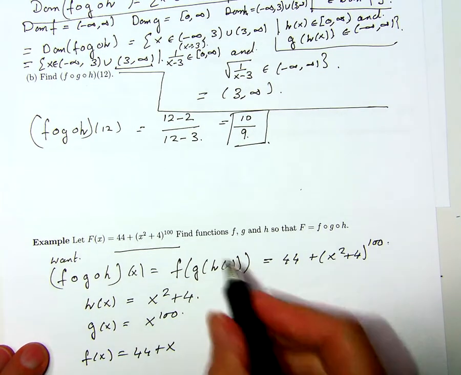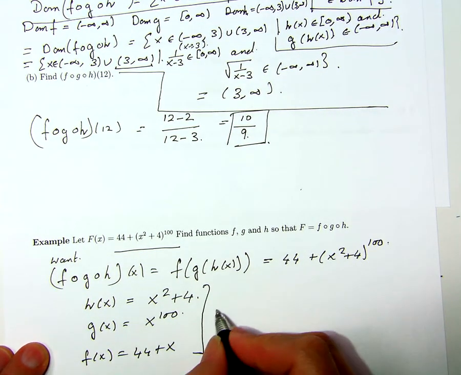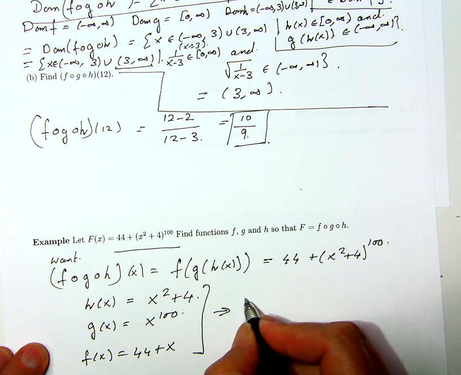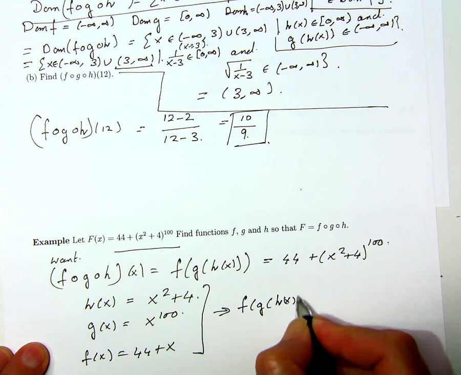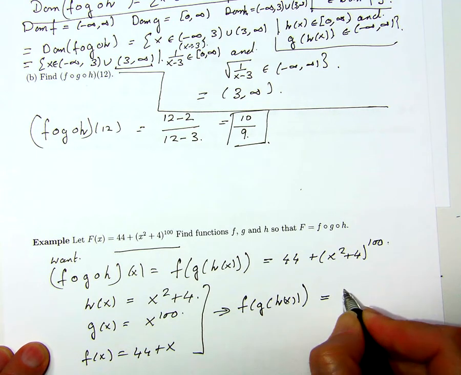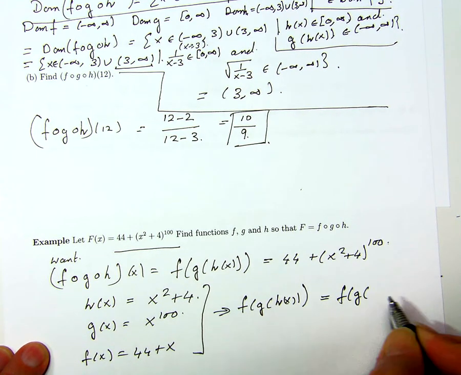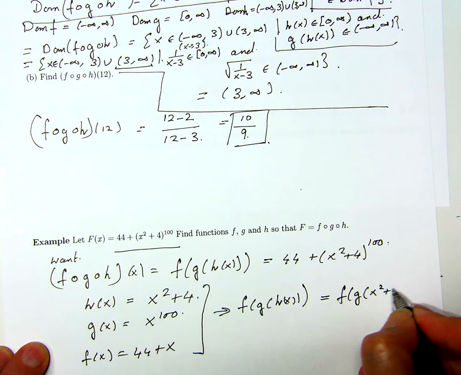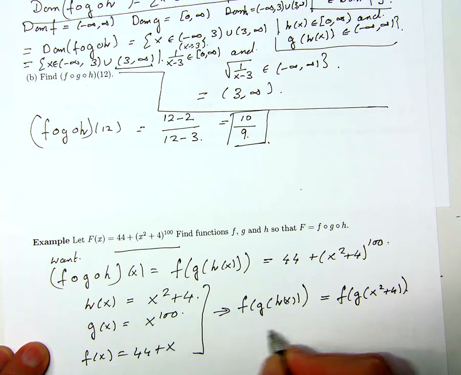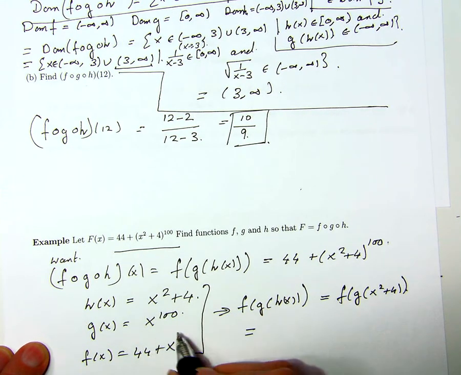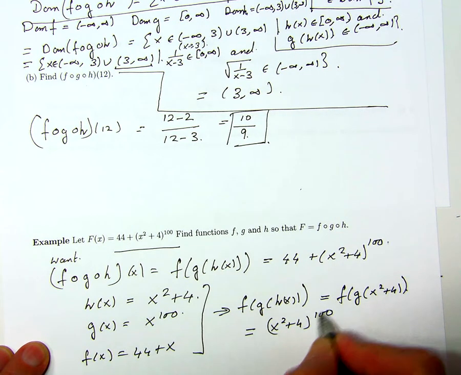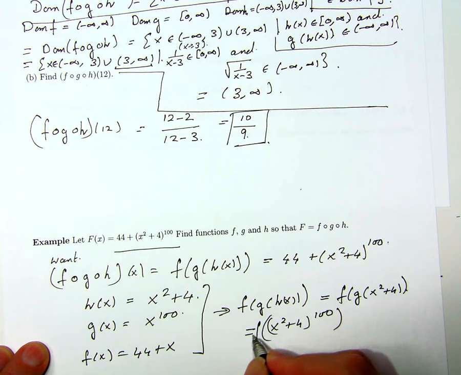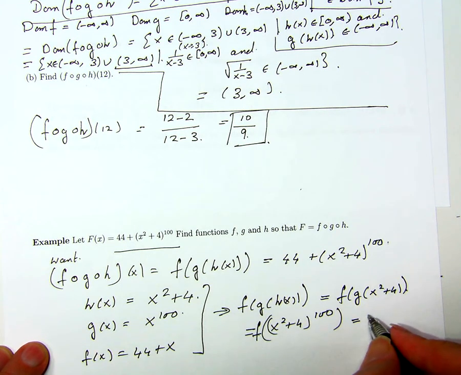Let's check it out. When I take f of g of h of x, I get that that's f of g of x squared plus 4. And I do know that g of x squared plus 4 is x squared plus 4 to the 100. I'm looking at f of that, and f just adds 44 to anything to which I apply it.